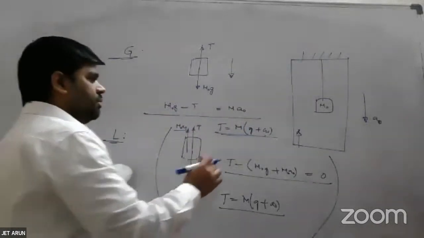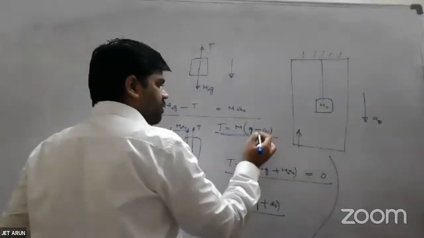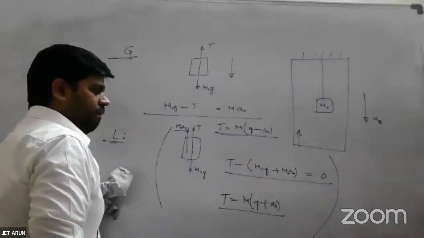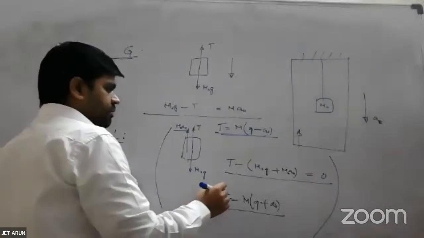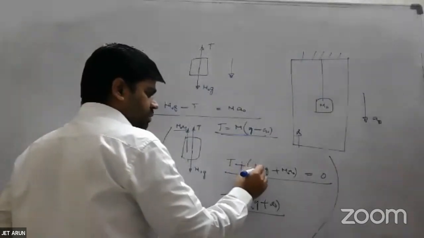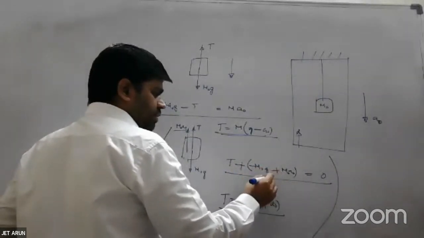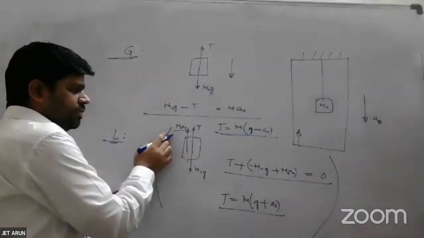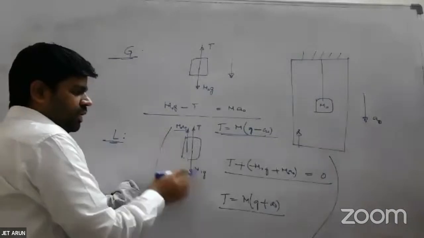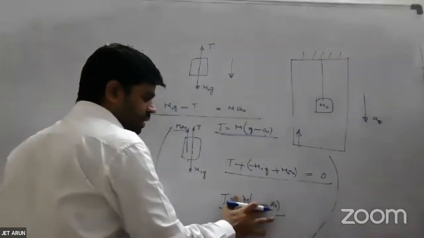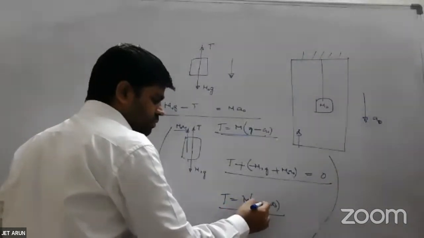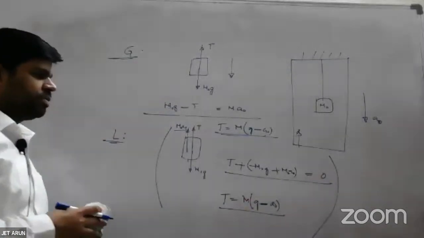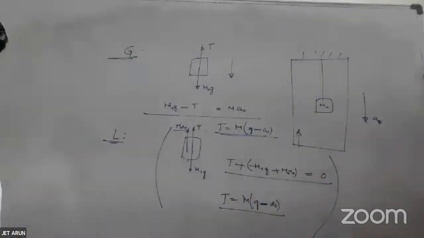So T is equal to m into g minus a naught. Over here, T plus m a naught minus mg is equal to 0. So I'll have T is equal to m into g minus a naught. Is it clear, students?